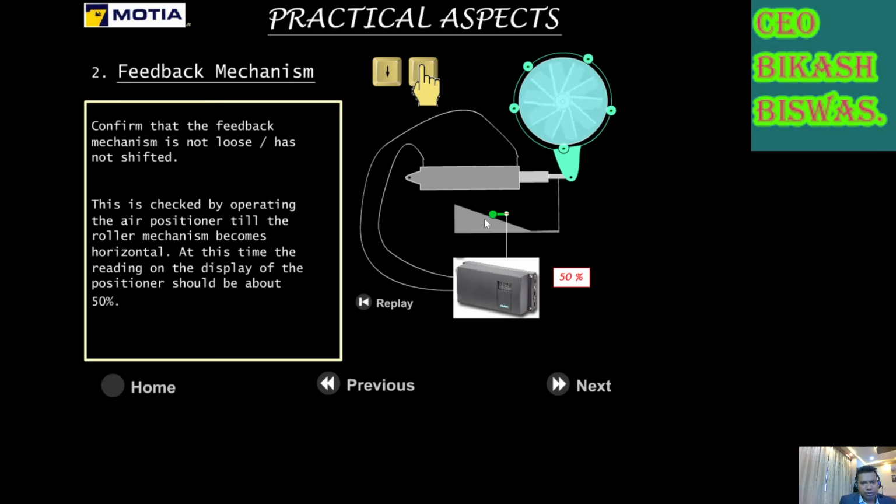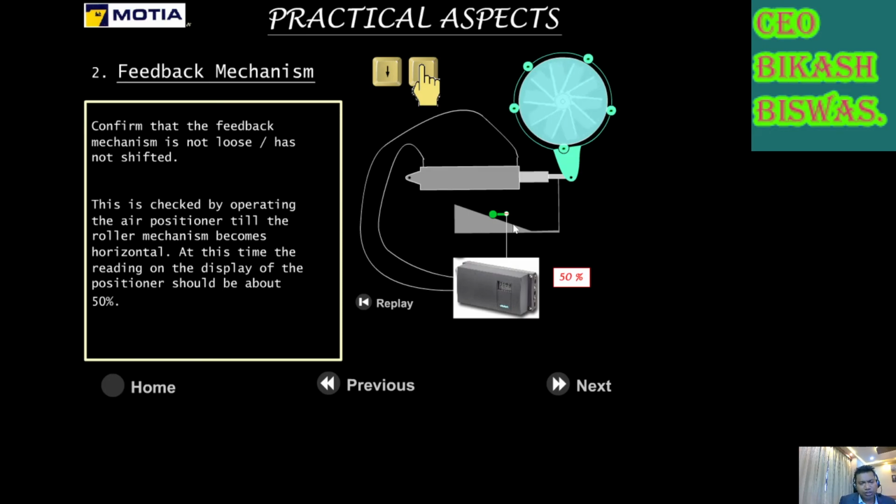The roller mechanism either goes up or down, but at a position when the actuator has moved 50% from its original position, it becomes horizontal. When it becomes horizontal, you can see 50% in this display. That's when 50% air is going. That means the actuator has moved halfway in its original direction, that is the forward direction.